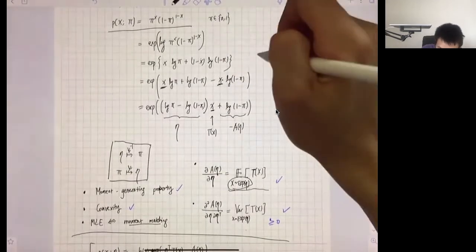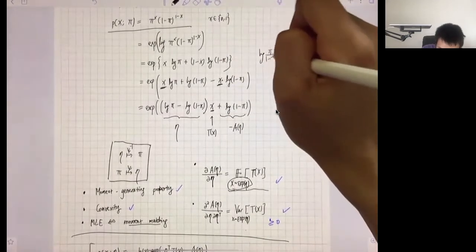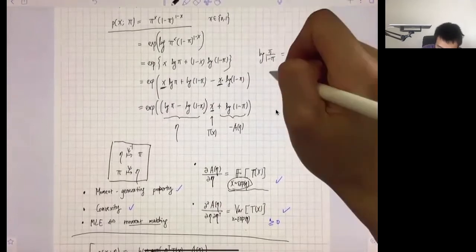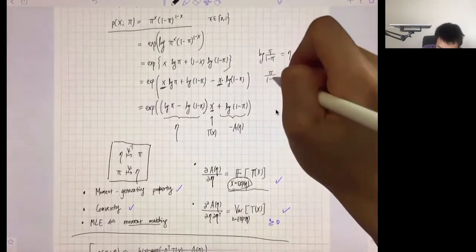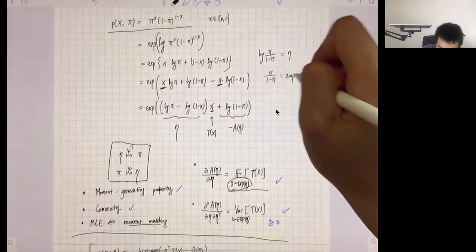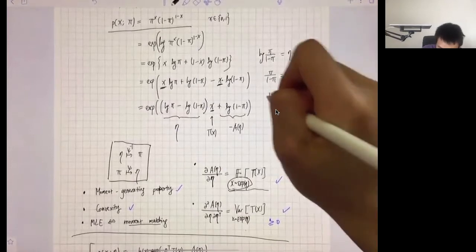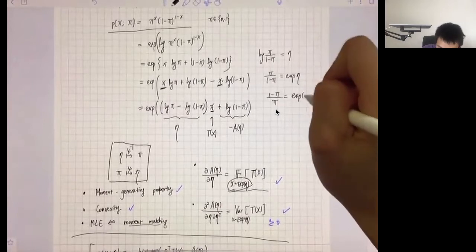So the log of pi divided by 1 minus pi is my eta. So pi divided by 1 minus pi is the exponential of eta. So 1 minus pi divided by pi is the exponential of minus eta.